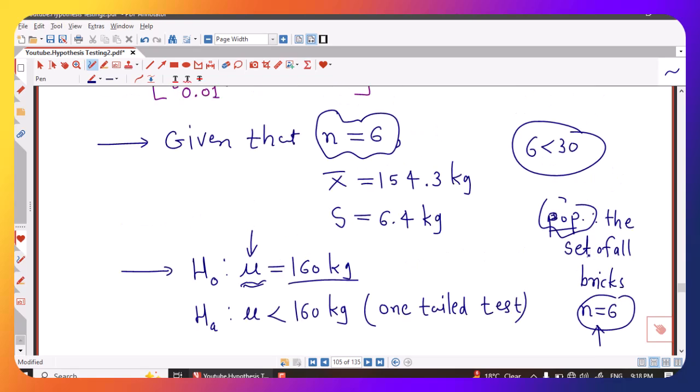They take 6 bricks from the population, which is the set of all bricks, and for this sample they find that average or mean breaking strength is 154.3 kg and standard deviation is 6.4 kg.